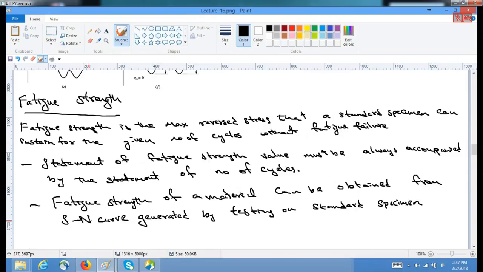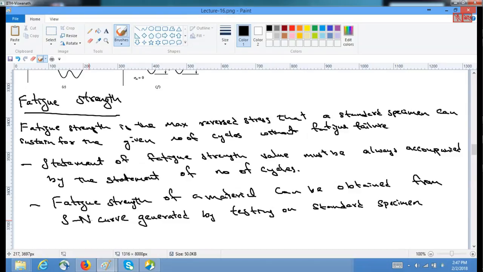So the fatigue strength determination is a time consuming process and also a lot of material consuming process. But without doing these things, it is very risky to operate, because if we just do it under static loading, it is still conservative.